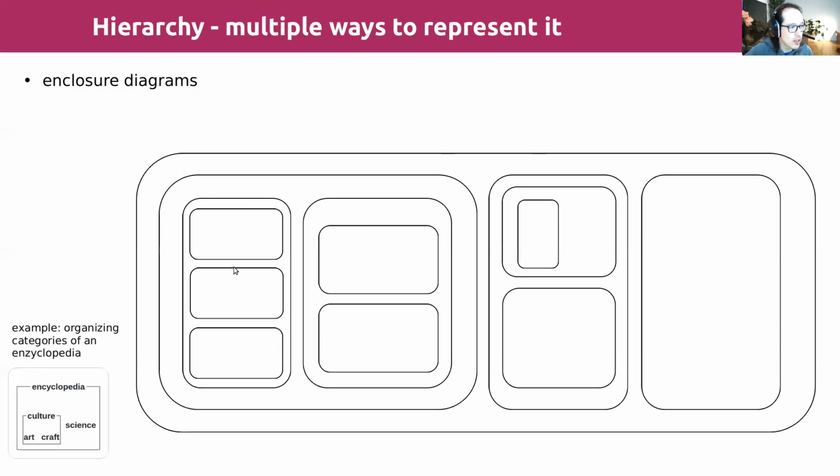We have substructures and ranks, but in this case, it's indicated by what is enclosed by what. But this essentially is the same type of information that's being presented in the tree. And here you can see we have the exact analog of the tree with this encyclopedia example, where art and craft are contained inside the culture box here.